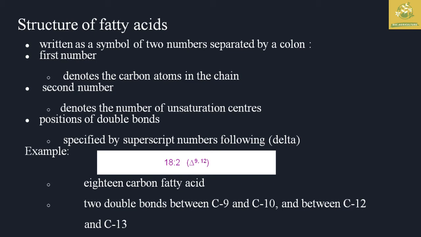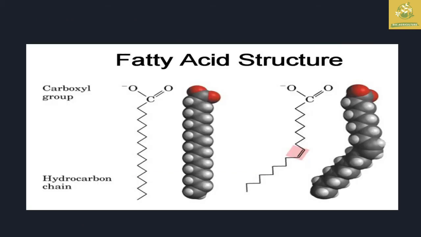The 18 denotes that the fatty acid contains 18 carbons, and there are 2 double bonds, found at the 9th carbon and the 12th carbon. So the 2 denotes the number of unsaturated centers, and the delta number denotes where that center is present. This is the structure of the fatty acid.